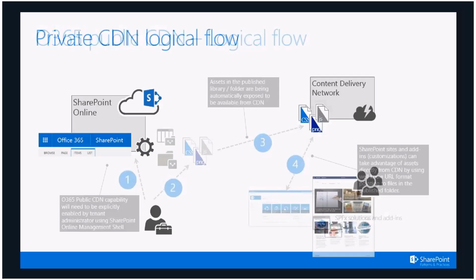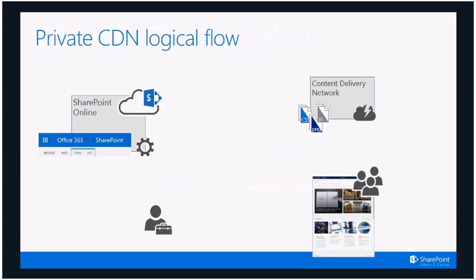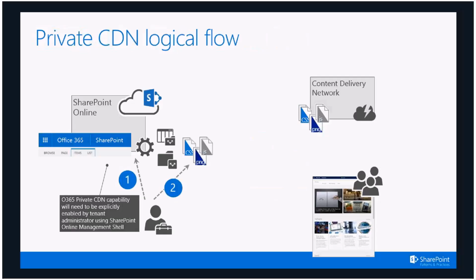Now, the private CDN is slightly different, and like I said, this is mainly designed for classic WCM publishing sites, which are using the classic page layouts and master pages scenarios. So what happens is that the tenant administrator enables the capabilities, and when end users are referencing images, for example, let's say there's a WCM page where the page image is coming from a library which has been enabled for CDN.